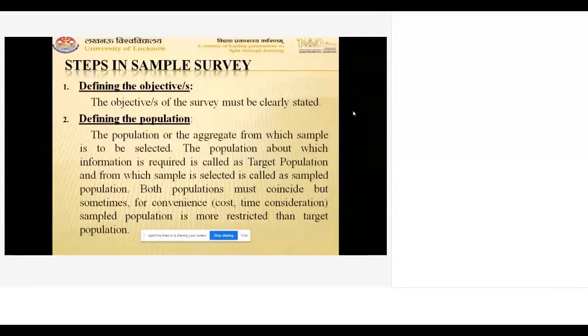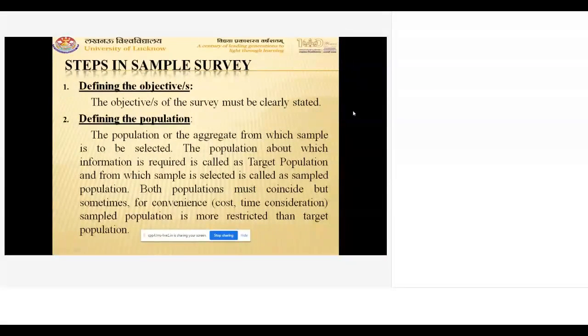The population is the aggregate, or you can say collection, from which the sample is to be taken. That is, the collection of all the individuals over which the sample is to be taken is called the population. Population can be divided further into two categories. One is called target population and the other is called sampled population.